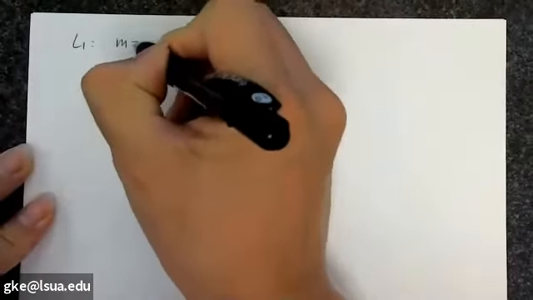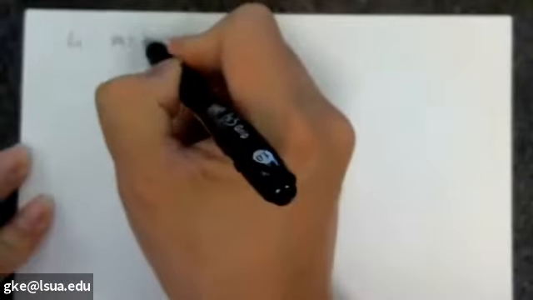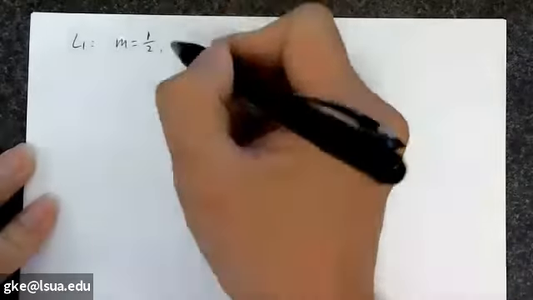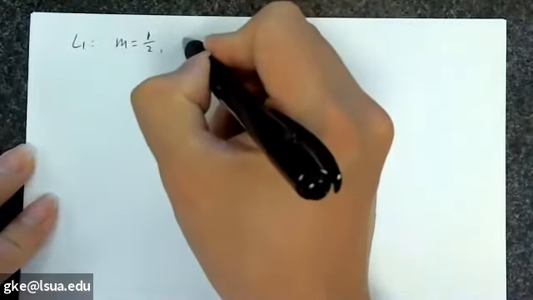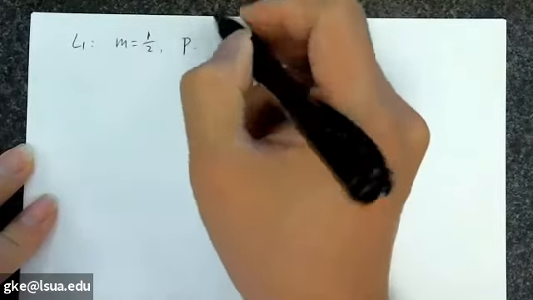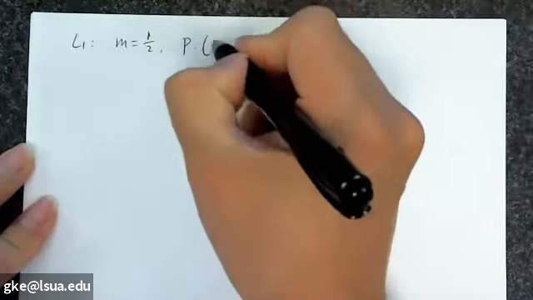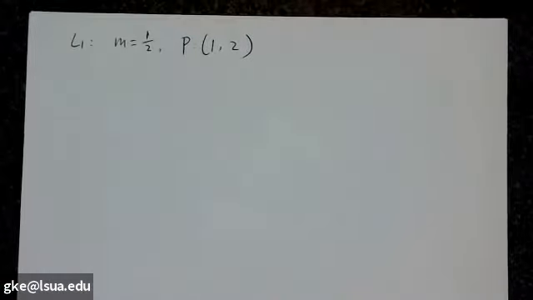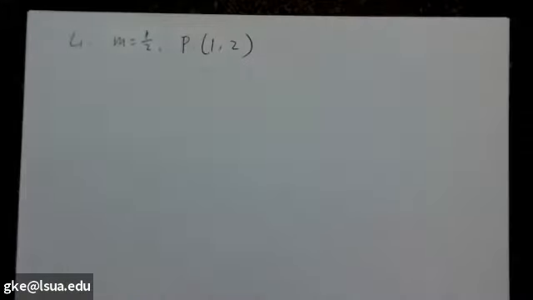For example, I give you guys a line that has a slope 1/2, and the point is 1, 2. Okay, so let's take a look.